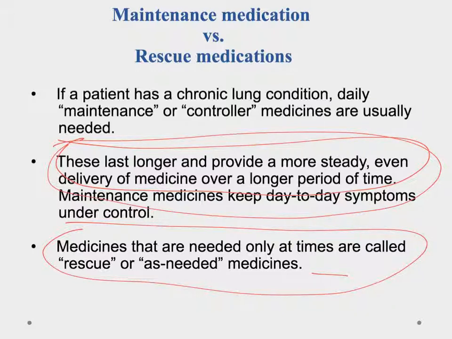If they notice that they're using it a lot, that should be an indicator that maybe something needs to be changed in their maintenance inhalers. We'll talk about this a little bit more in class, but it's a good idea to have an understanding of the difference between a maintenance medication and the rescue inhaler for a patient with COPD. And this goes for asthma as well.